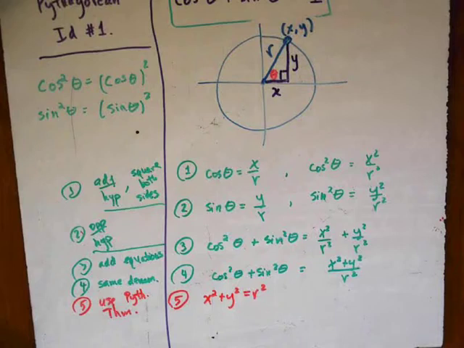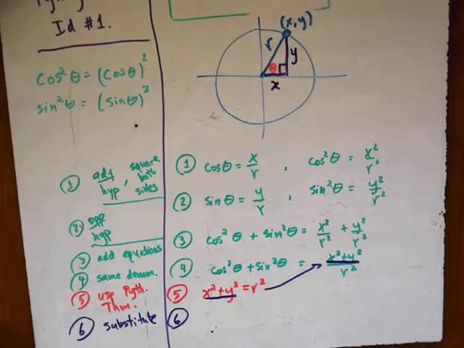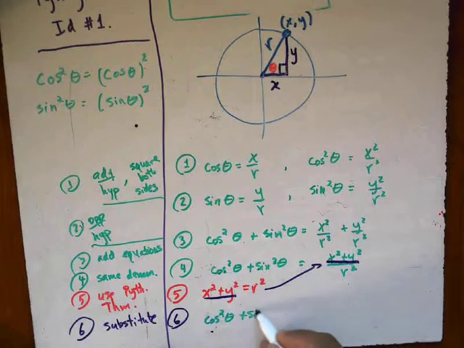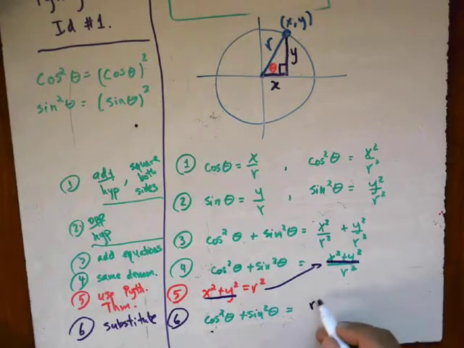Finally, in the last step, we just make a substitution. I write my reasons on the left side here: substitute. I have x squared plus y squared, and I know it's equal to r squared, so I can just substitute that in. This gives me cosine squared of theta plus sine squared of theta is equal to, instead of x squared plus y squared, r squared, and my denominator is still the same.